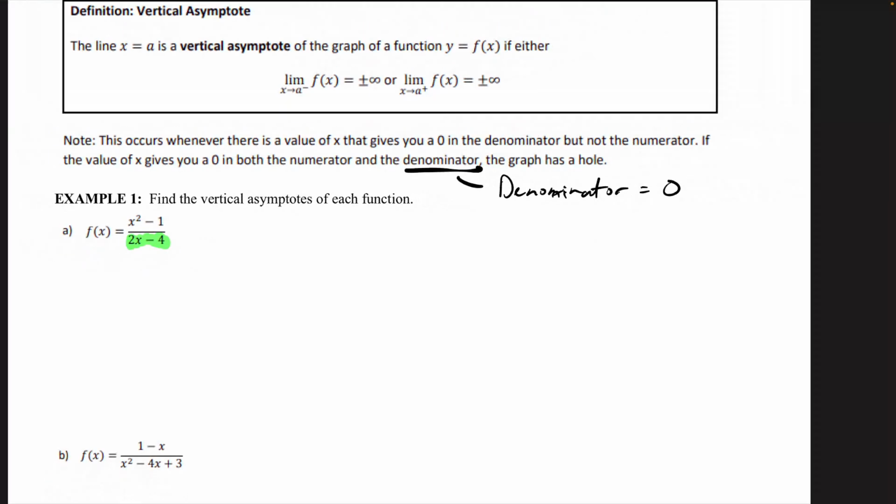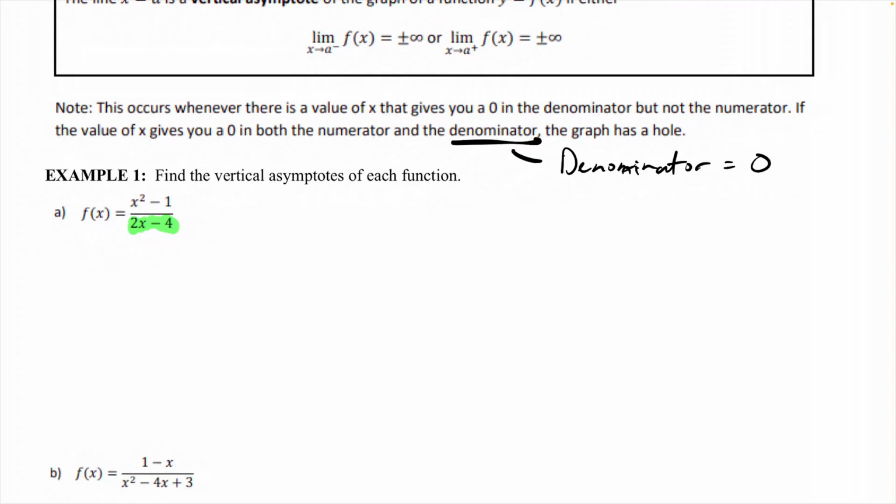If the numerator and denominator both equal 0, that's a hole. So if I were to plug in a number and it gives me 0 over 0, we know there's a hole there. If the bottom makes a 0, that's where the vertical asymptote is.